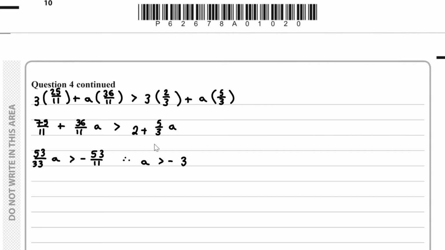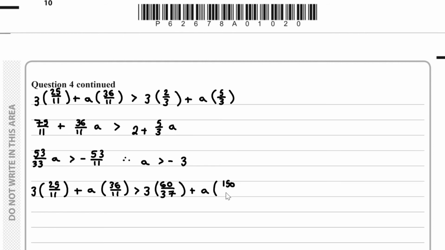And if we substitute in the other coordinate we have 3 lots of 25 over 11 plus a lots of 36 over 11 being greater than 3 lots of 60 over 37 plus a lots of 150 over 37.